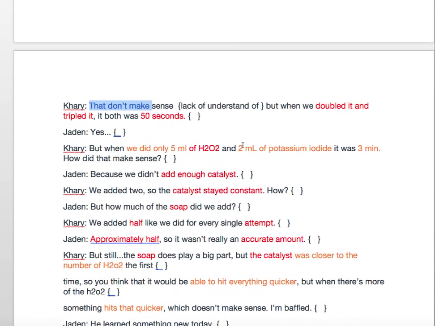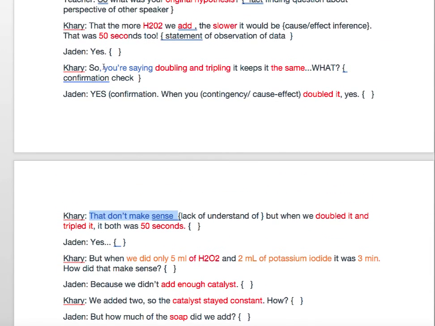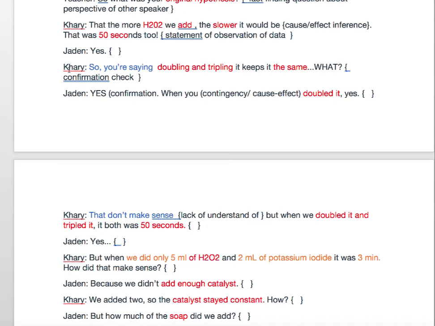And the long and short is that learners need phrases like that doesn't make sense, and so you're saying, okay? This so you're saying has an important role to play because it's interactional. This is Harry, who is basically saying, Jaden, I hear what you're saying.